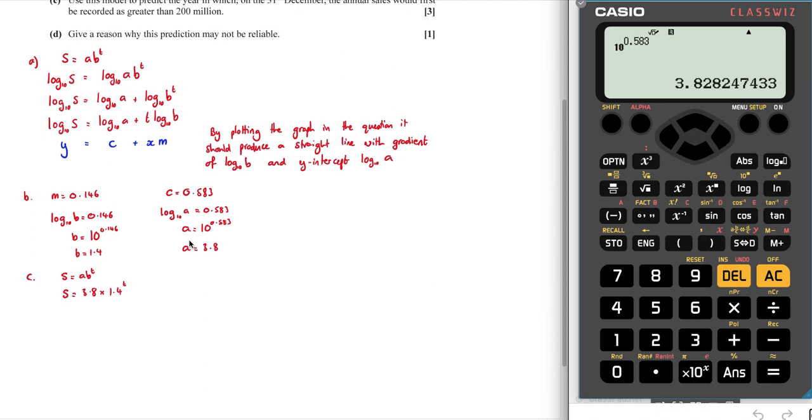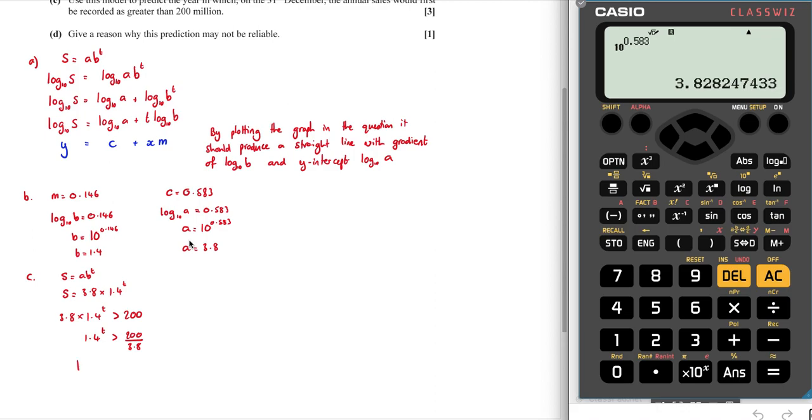So I'm going to say 3.8 times 1.4 to the T is greater than 200. So 1.4 to the T is greater than 200 over 3.8. I'm going to deal with that number in a minute. I'm going to take logs of this because I want that power to come down. You can take whatever base you want. I'm going to take ln because it's very slightly fewer button presses.